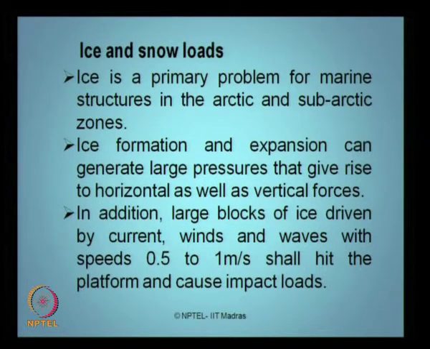In addition, large blocks of ice driven by current, wind and waves with a speed of 0.5 to 1 meter per second can come and hit the platform. This can cause, ladies and gentlemen, very severe impact loads on the members. Therefore, ice loads are also critically important, not only for the location, but they can also cause impact loads which can cause serious damage to the members of offshore structures.